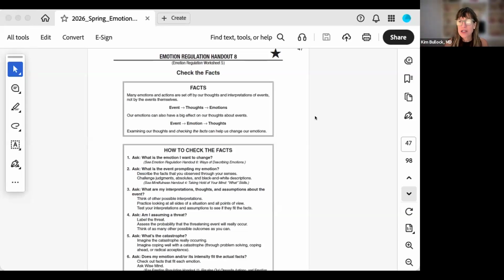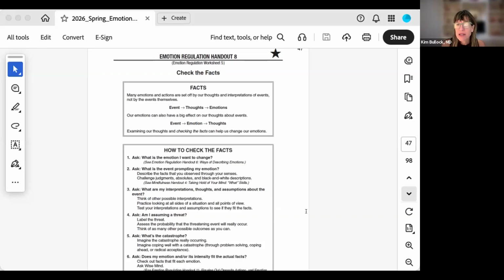Is that frustration? Is that fear? Is that jealousy? Is that sadness? Knowing what emotion you want to change can be critical, and paying attention to your current thoughts, physical sensations, posture, action, urges, going back to that model of emotions and reviewing that.